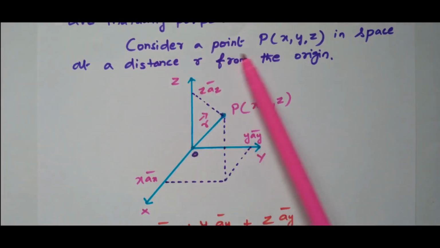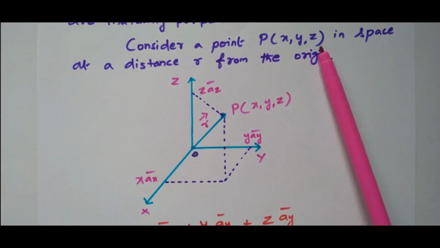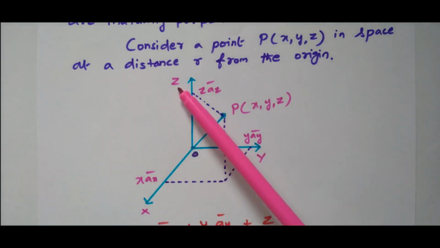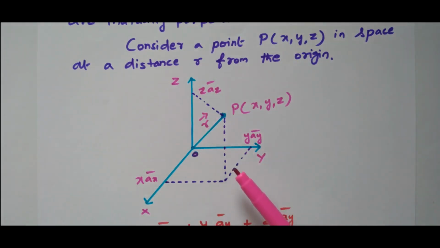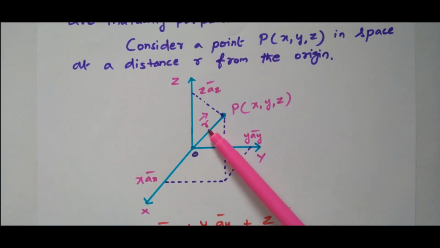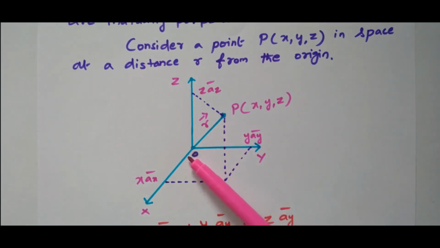So consider a point P (x, y, z) in space at a distance r meter from the origin. So we have the three axes available: x axis, y axis and z axis, right? In order to represent this x, y, z, we consider one point P at a distance r meter from the origin.